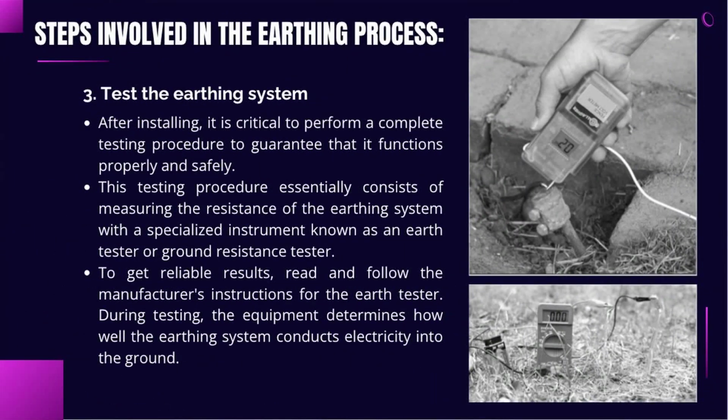Now the third point, after installation, that has to be kept in mind is testing of the earthing system. After installing the earthing system, it is critical to perform a complete test to guarantee that it functions properly and safely. This testing procedure essentially consists of measuring the resistance of the earthing system with a specified instrument known as an earth tester or ground resistance tester.